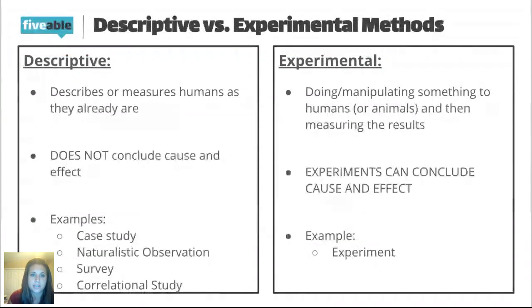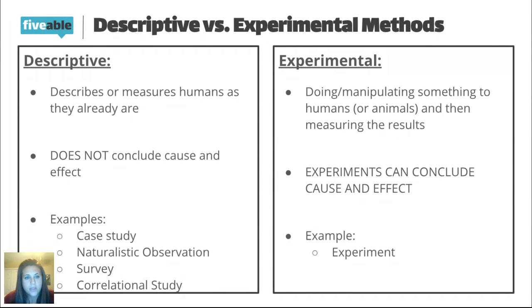So if a question asks you about doing a naturalistic observation and then concluding that, let's see, maybe apes use language, without doing an actual experiment to verify that, we can't make that conclusion. We can assume that maybe that's true, but without an experiment it would be inaccurate to say that. So that's where they might get you, with cause and effect.